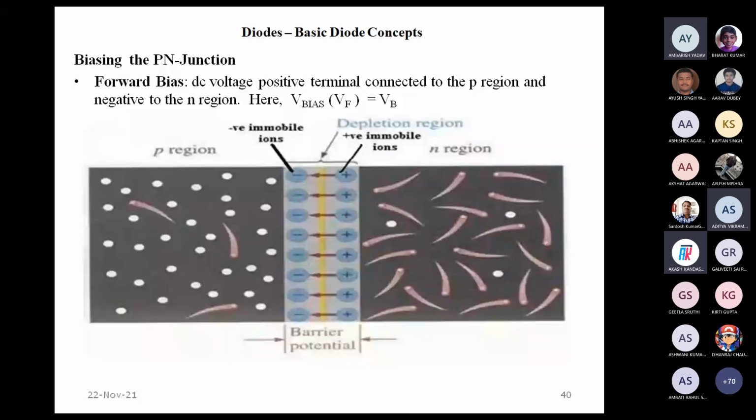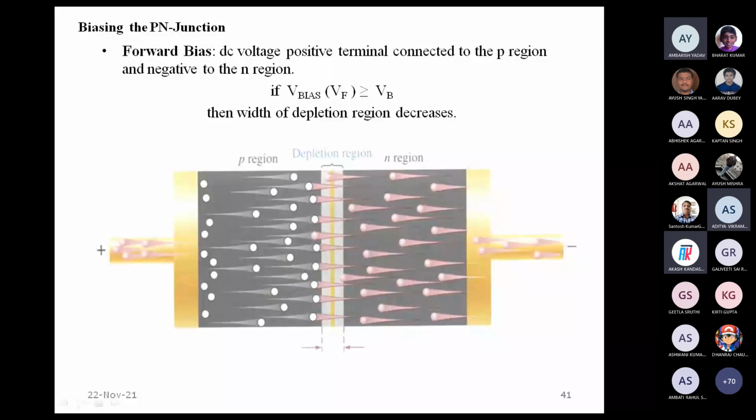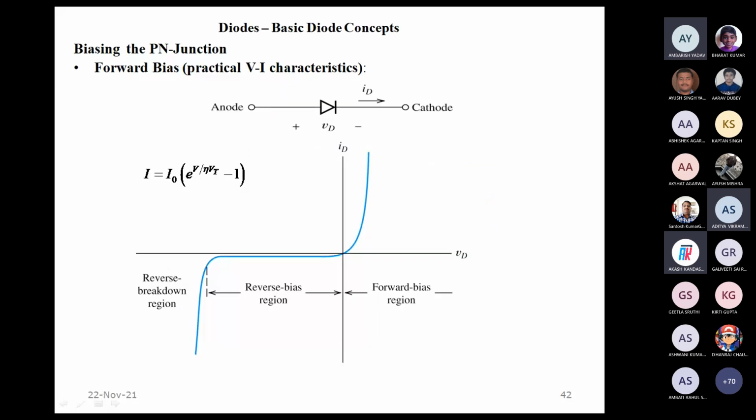We have already seen forward bias. So in the forward bias, what happens we have seen. This is just a graphical representation of the same fact. So we need to give a biasing voltage greater than this barrier potential to make it forward bias.